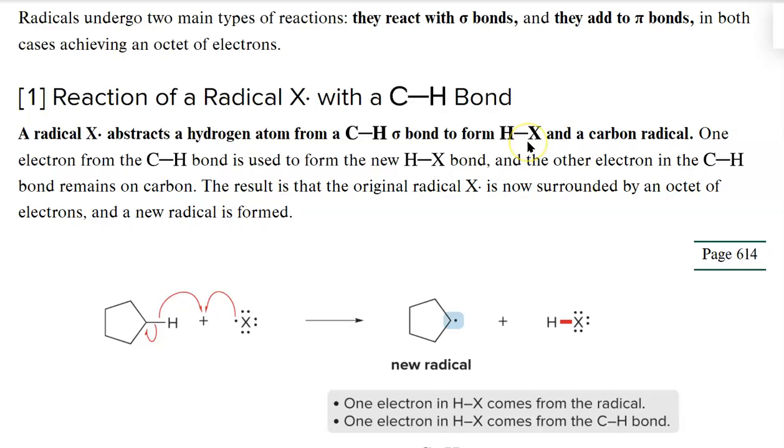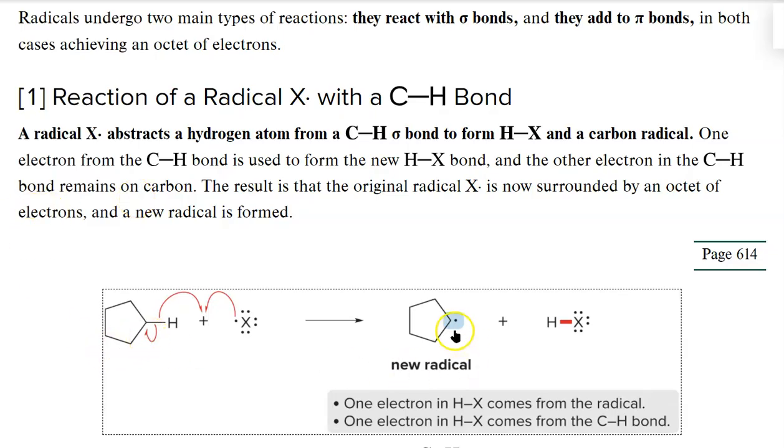That will form HX, so that could be hydrogen chloride or hydrogen bromide. And the other electron in the carbon-hydrogen bond will stay with the carbon. So you get a new radical. This halogen radical pulls the hydrogen away, and that creates a new radical.